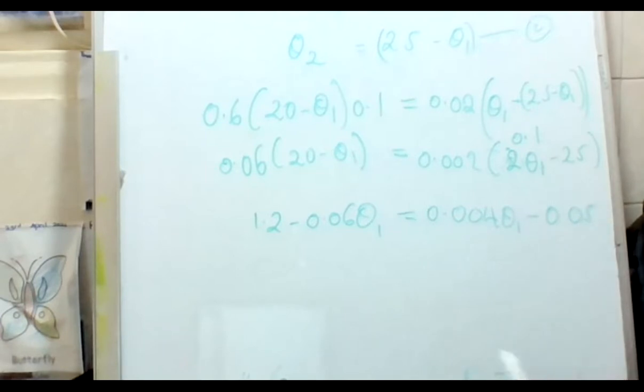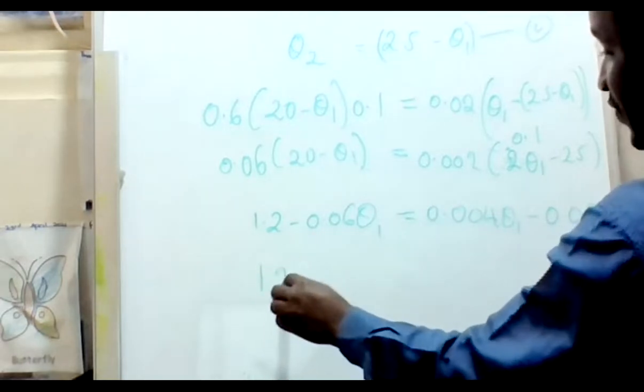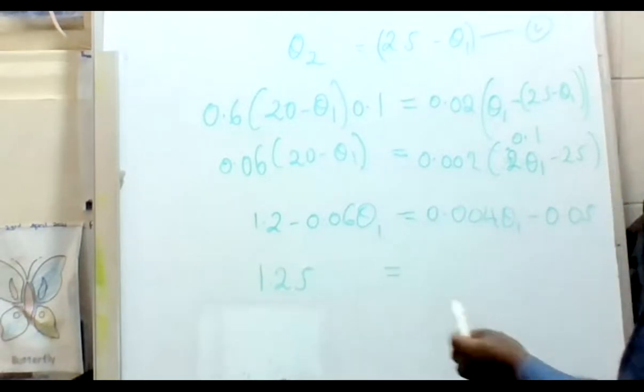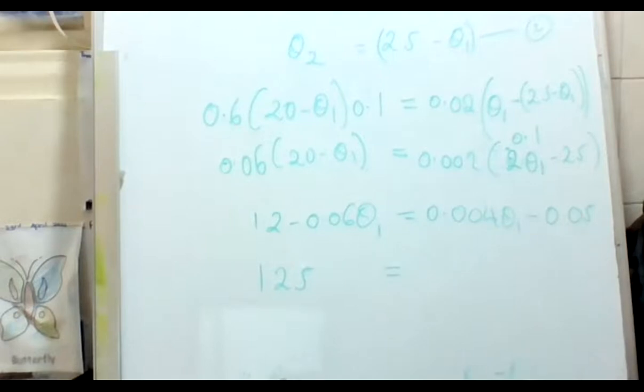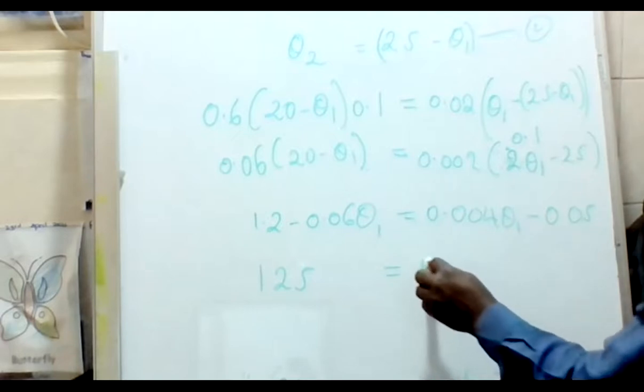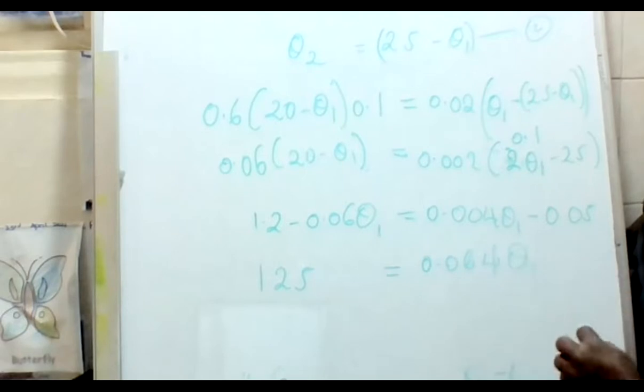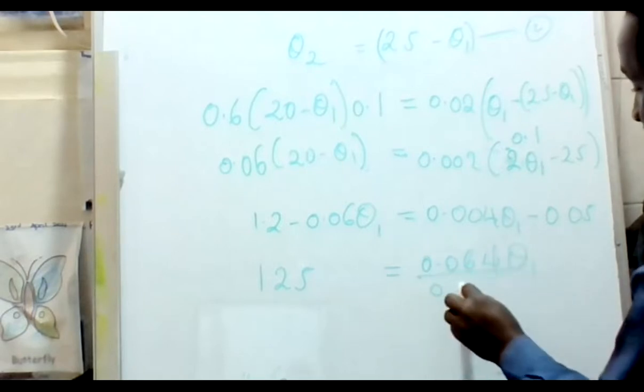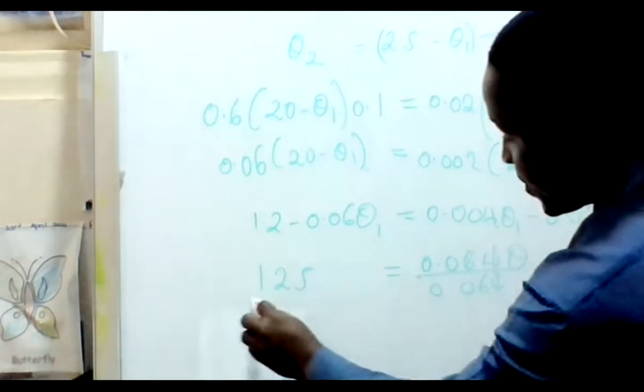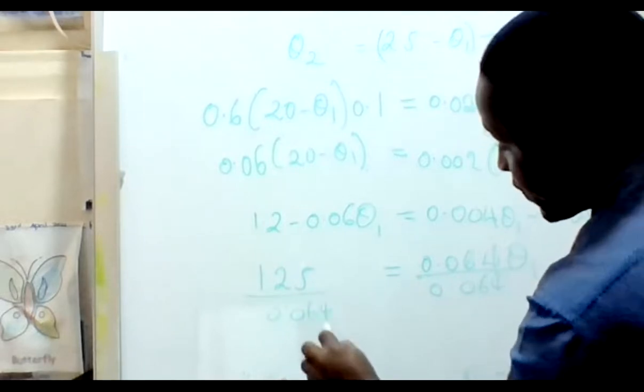We can also solve that. Let's bring all the theta to this side, then on the other side we're going to have 1.25 being equal to 0.004 plus 0.06, which is 0.064 theta 1. So divide both sides by 0.064.